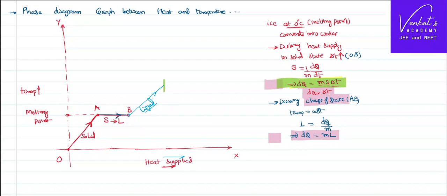Again, at a particular temperature, though you are supplying heat energy, all the heat is used to convert the liquid into gas, that is, to increase the distance between the molecules. Here the liquid is becoming gas. So here also the temperature remains constant, delta T equal to 0, as in the earlier case.